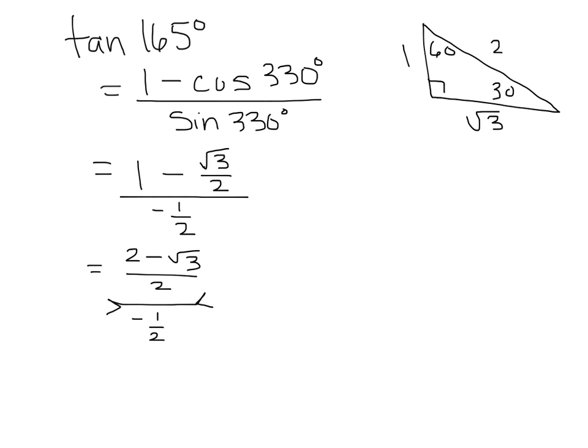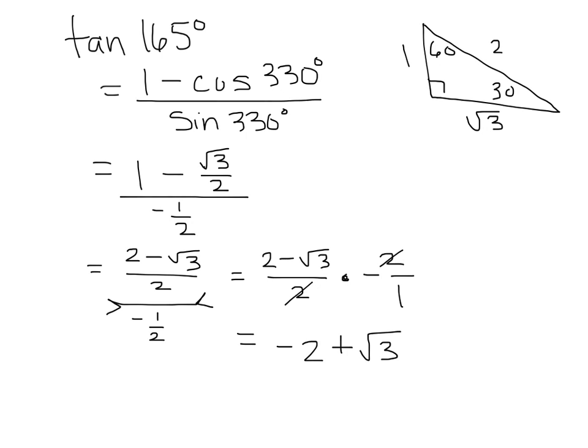If you copy dot flip, you then get 2 minus root 3 over 2 times negative 2 over 1. The 2's will cross cancel, and therefore you just have to multiply the numerator by negative 1, which will give you negative 2 plus root 3. And that is the exact value for the tangent of 165.